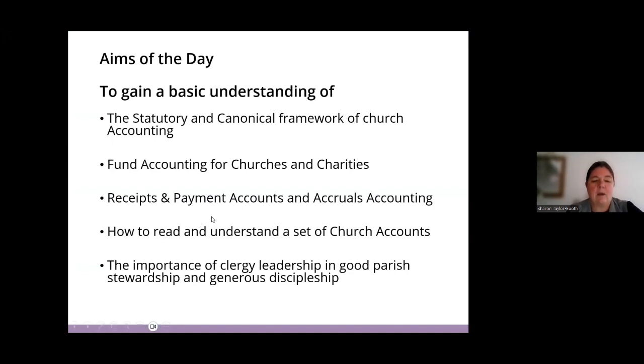I want you to have a brief understanding of receipts and payments accounts versus accruals accounts. And I want you to understand how to read a set of church accounts. And then hopefully we will be able to bring this all together with the importance of clergy leadership in good parish stewardship. So that's what I aim to deliver today.